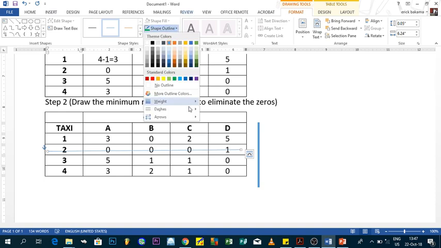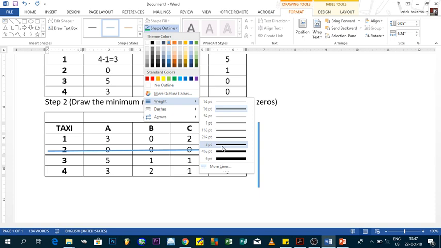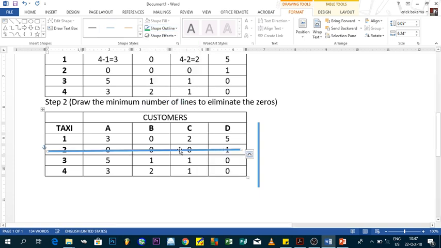So we're gonna use one line to cancel all the 3 zeros like this. Then after canceling the zeros here, we are left with 2 zeros here and 1 zero. Obviously, I'm gonna use one line to cancel these 2 zeros, and for this other zero I'm left with, I can only use one line. It can either be horizontal or vertical, it doesn't change.